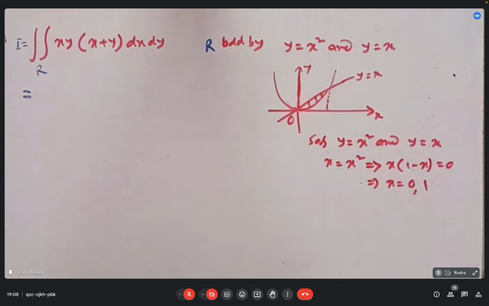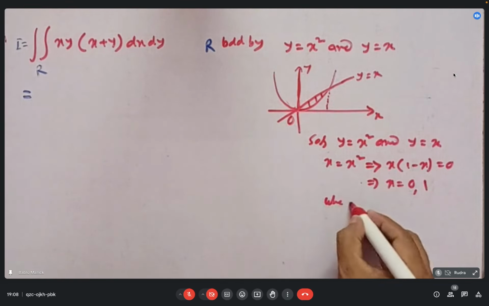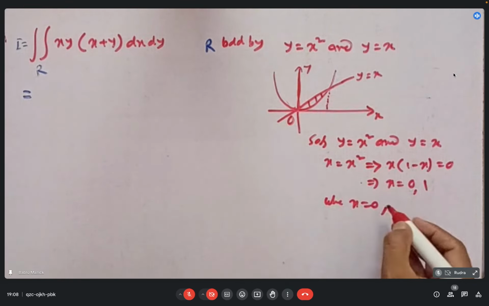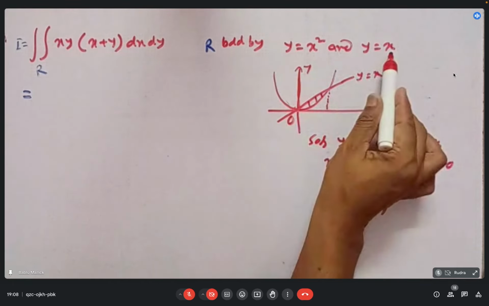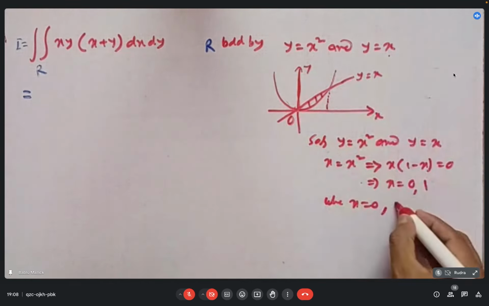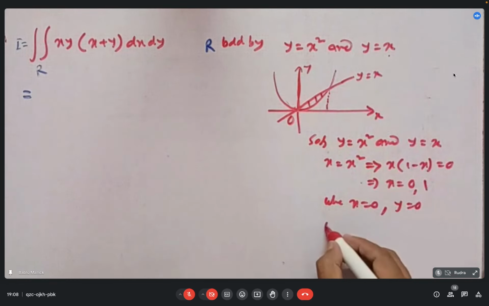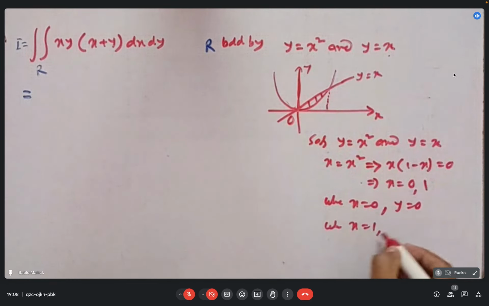When x is equal to 0, y is equal to 0, and when x is equal to 1, y is also equal to 1.